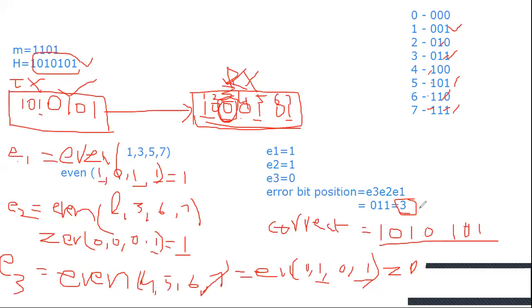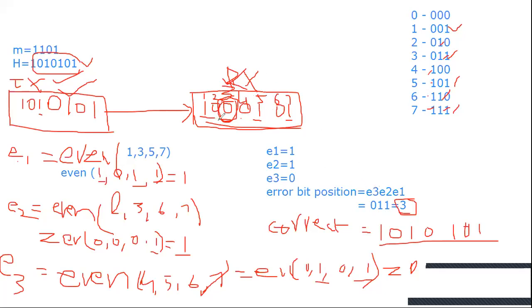So in this way, we correct the error. Suppose you take another bit as the error and do the same procedure; you will get the correct bit position. So all of you try this.